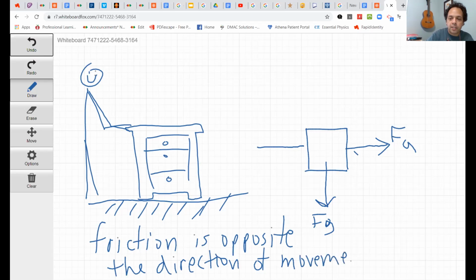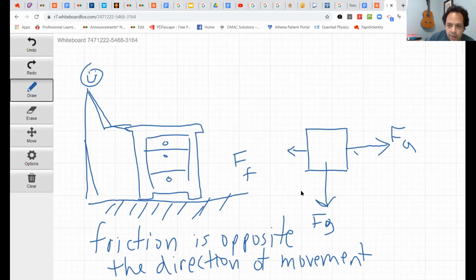So when you push against something, you feel like it's hard, right? And so that's friction. So let's put in that force of friction. Now, it did say that it's accelerating to the right. So actually, let's make this smaller. The friction's not that big. So it's going to accelerate to the right because the arrow is larger.